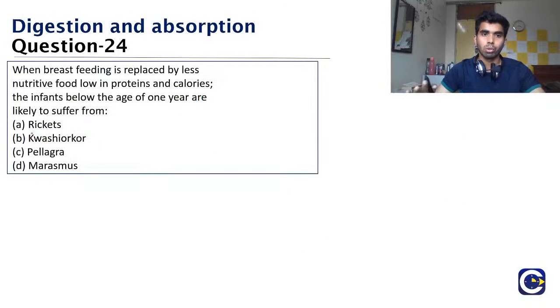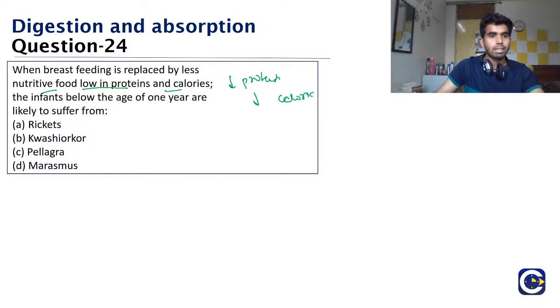Now coming to question number 24. When breastfeeding is replaced by a less nutritive food, low in protein and low in calorie, the infants below the age of 1 year are likely to suffer from which disease?